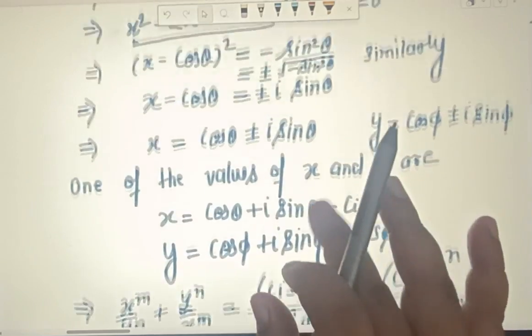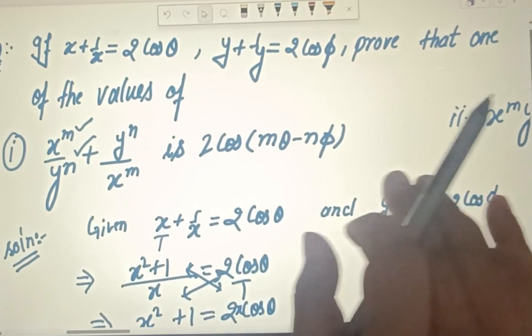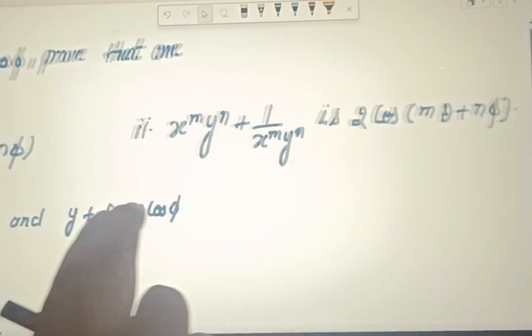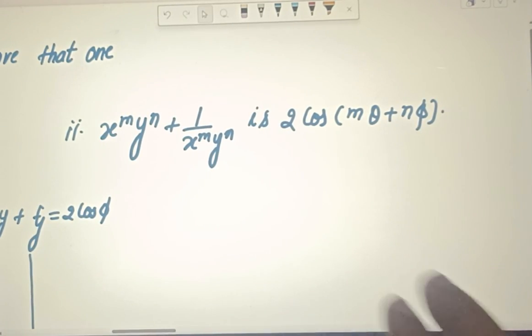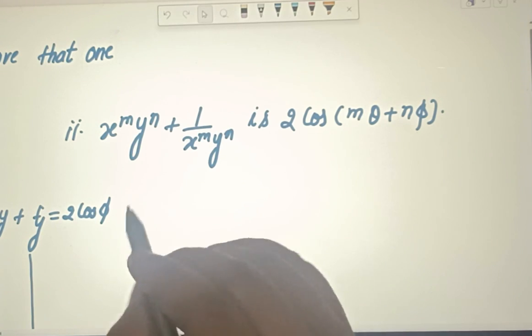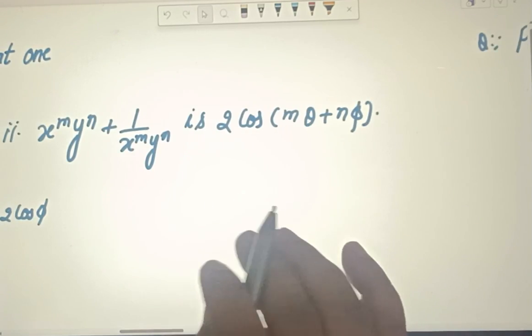Very good. Now come on, what about the second part of that? Similarly you will follow up the second part. So how will you solve the second part?